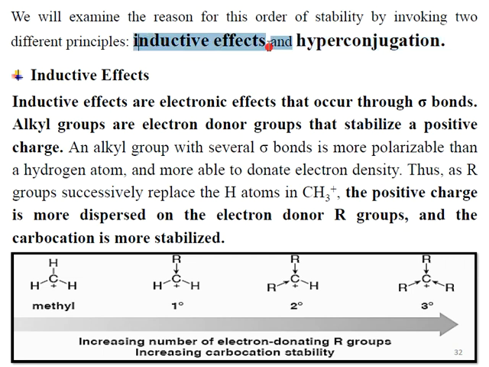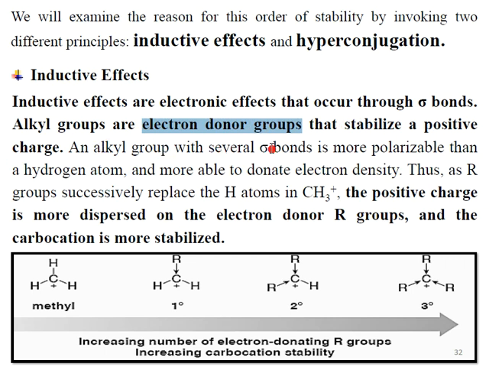Okay, what is the meaning of inductive effect and what is the meaning of hyperconjugation effect? Inductive effect, I think we took it before in the introduction part. The inductive effect is an electronic effect that occurs through sigma bonds. Alkyl groups are electron donors, donor meaning they give electrons, groups that stabilize the positive charge.